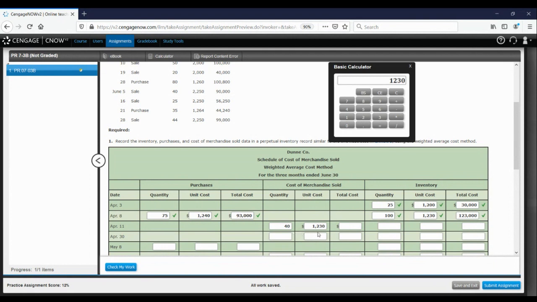So 40 times 1230 will give you a total cost of goods sold, of merchandise sold, at $49,200.